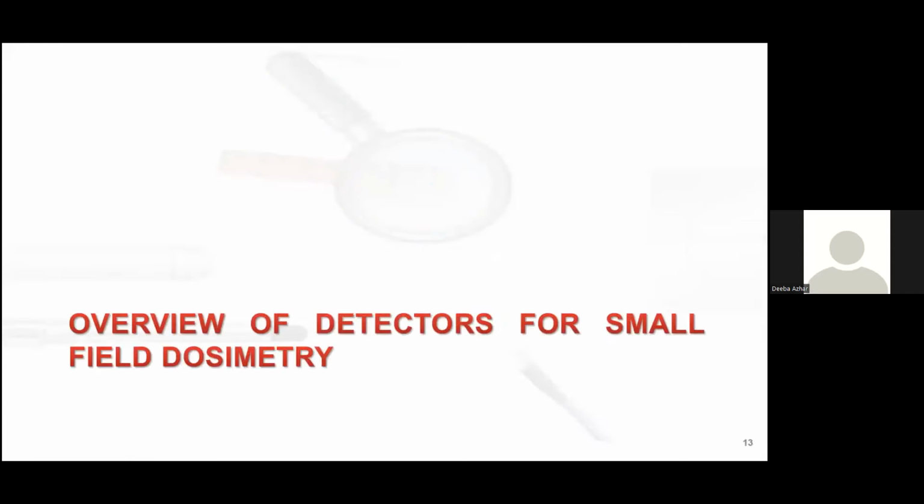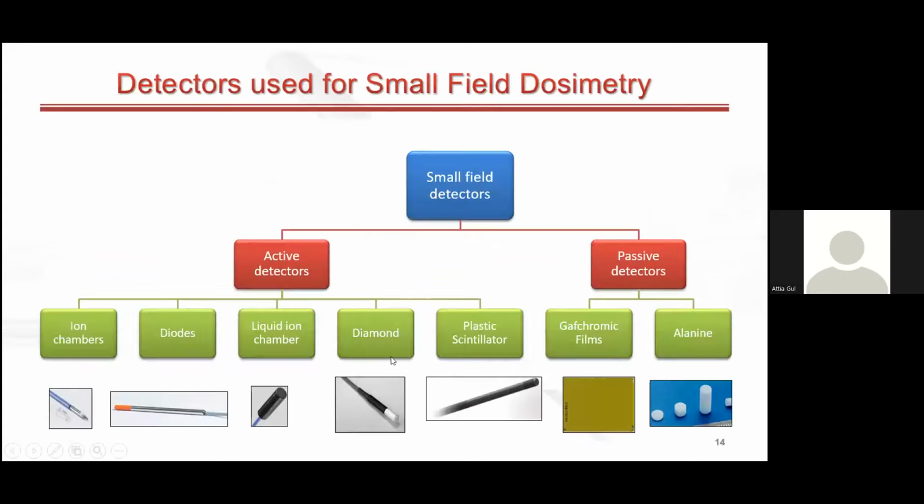So next, I will give a brief overview of different commercially available detectors for small fields. Small field detectors could be active detectors or passive detectors. Passive detectors include alanine or gas chromic films.